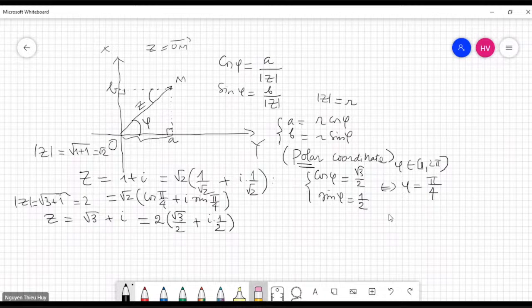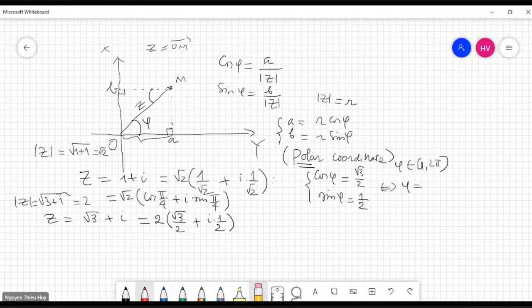Now tell me what the angle is here. If you consider phi in the set of real numbers, there are infinitely many. But if you consider only the half-open interval from 0 to 2 pi, then there is only one. Can you recognize this phi? Pi over 6. Good.